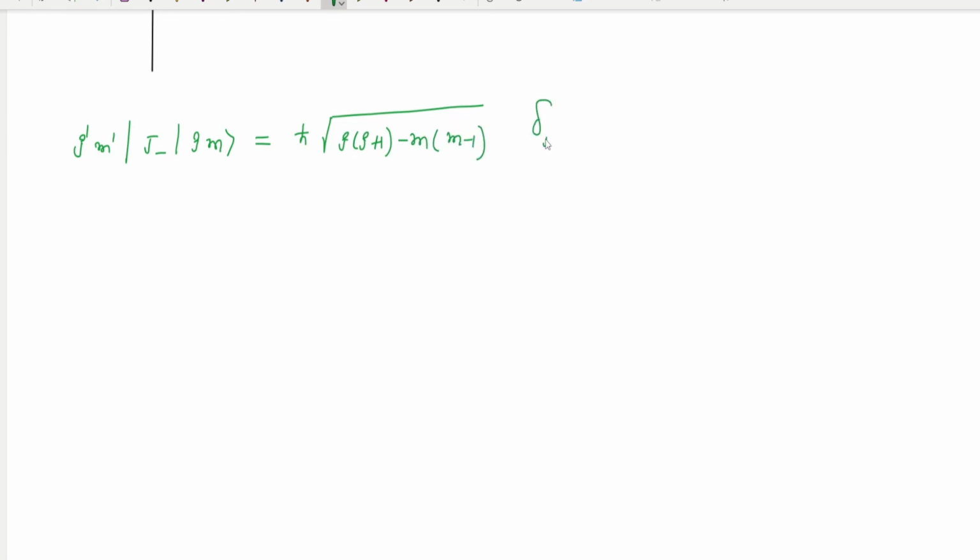I'm writing the formula directly here, since you already know how to derive this one. Then I'm going to write the direct formula for j plus, and these are the j prime, m prime values. Then I'm going to make it a table.